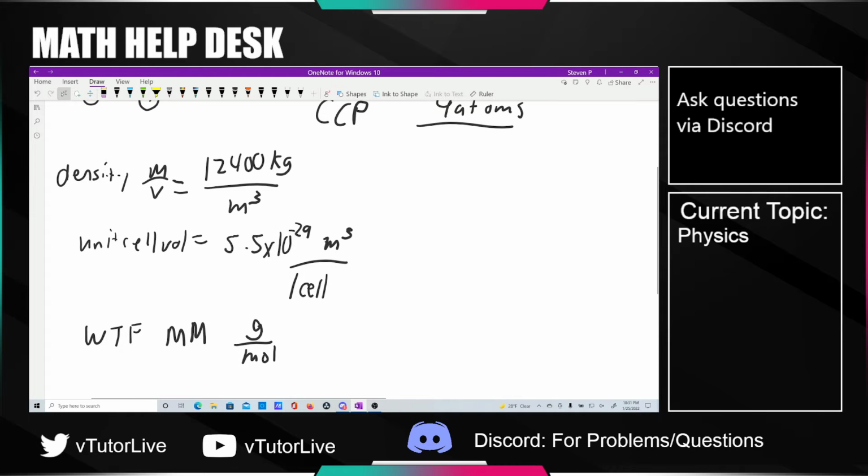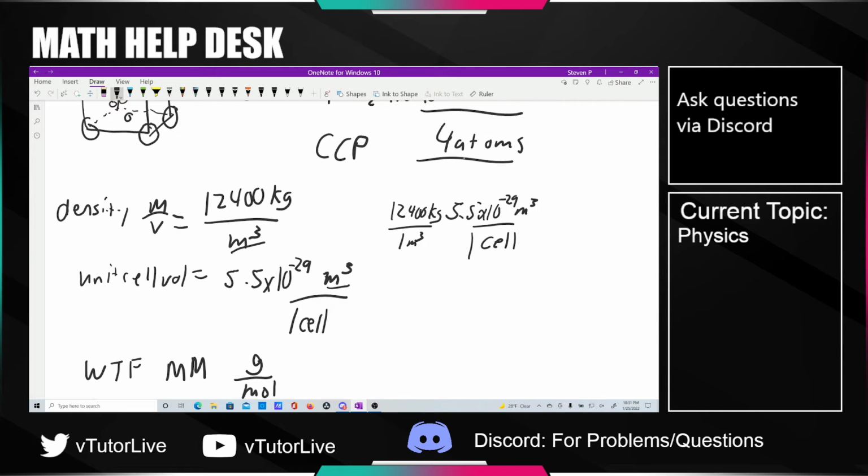And here's how I'm going to do that. I'm seeing that the meters cubed lets me jump here. So what I'm going to do is 12,400 kg over 1 meter cubed. I'm going to multiply this by the conversion 5.5 times 10 to the negative 29th, that's meters cubed per cell. One cell, right? And this right here means that there's a conversion of 4 atoms per one cell.